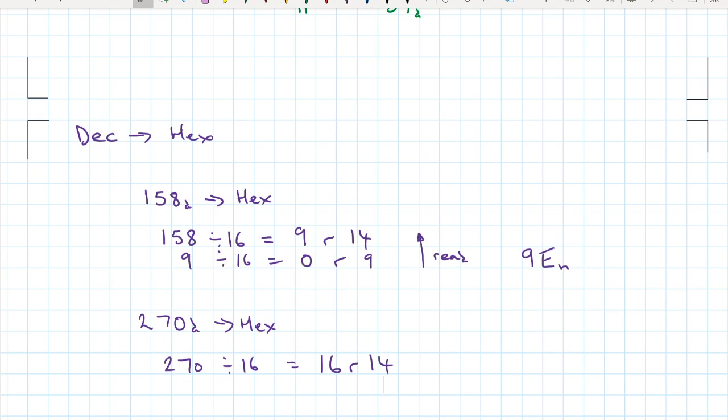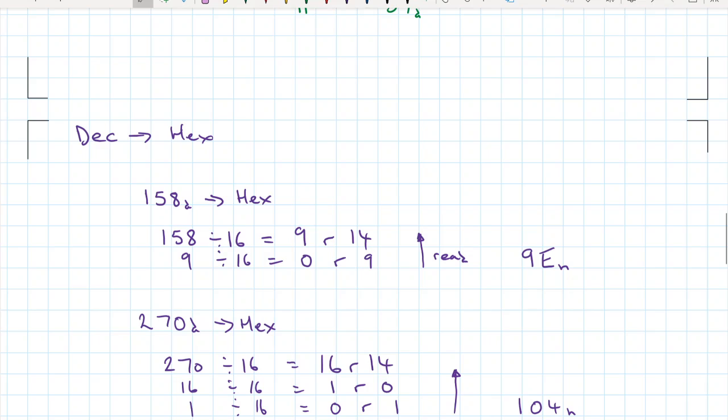We've got 16 remainder 14, so I'll leave the 14 there and bring the 16 down. 16 divided by 16 goes 1 remainder 0, bring the 1 down, 1 divided by 16 equals 0 remainder 1. So then if we read it back up, we've got 104 in hex.